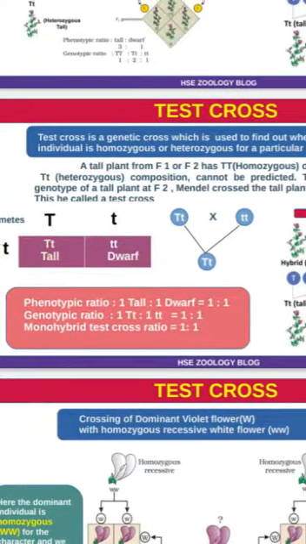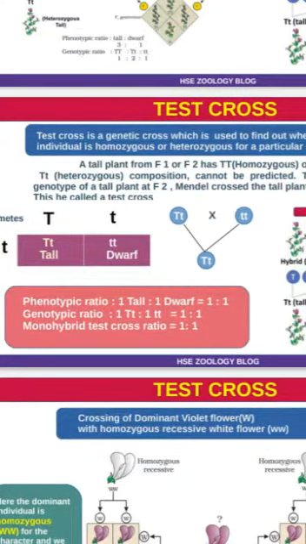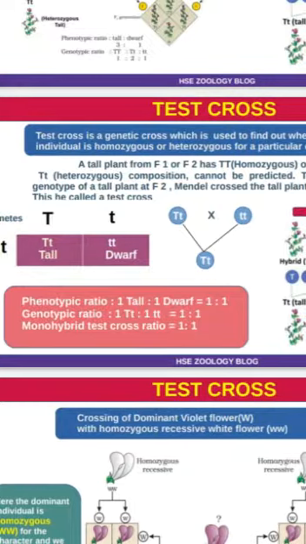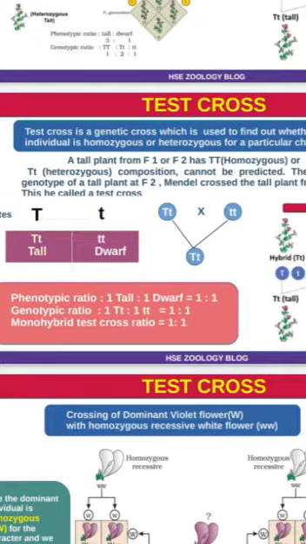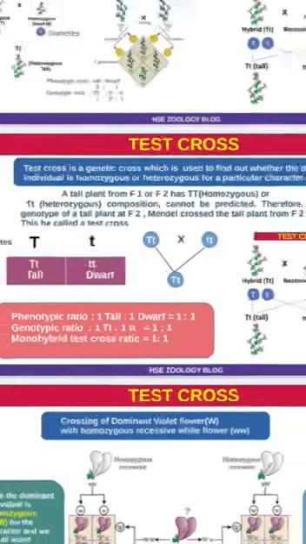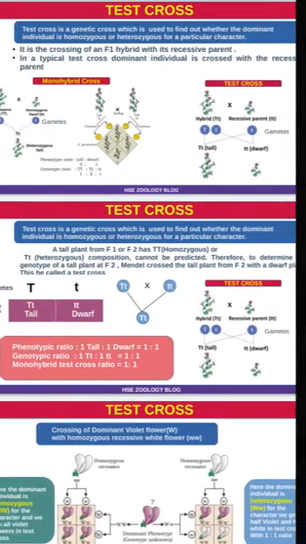That means if the F1 progeny is heterozygous, then the offspring produced are tall and dwarf in the ratio 1:1. So the monohybrid phenotypic ratio is 1:1 and the genotypic ratio is also 1:1, that is 1 capital T small t, and 1 small t small t. Therefore, the monohybrid test cross ratio is 1:1. Is it clear?